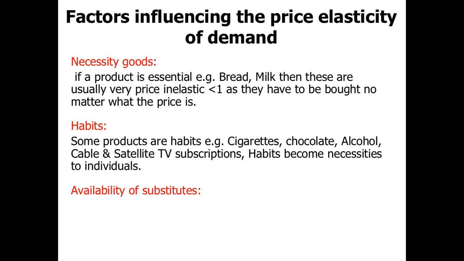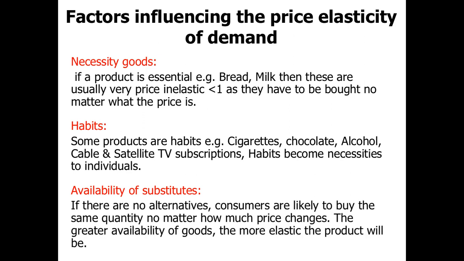They're addictive, and we're seeing that at the moment with the amount of alcohol that's being sold as people are forced to stay in. And then if there are lots of substitute products available, if there's no alternative substitutes, then your good is likely to be more inelastic. But if there are lots of alternative substitutes, then your product is likely to be price elastic.